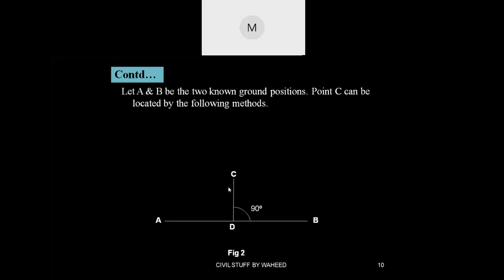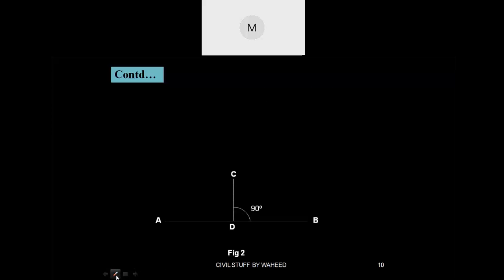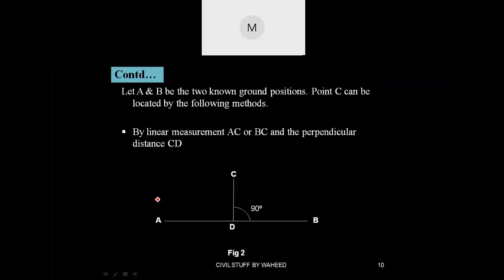See now, here I want to fix the point C, where I know the positions of A and B on the ground. I know this one and this one.